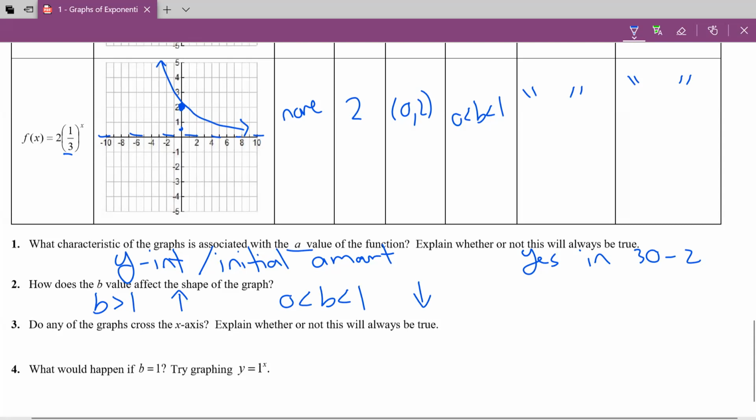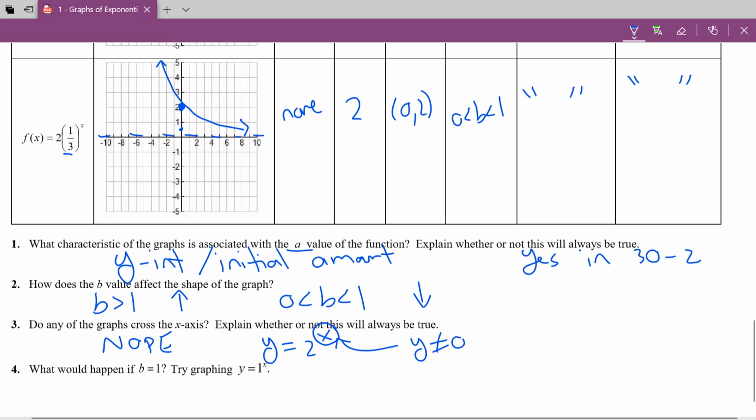Okay, do the graphs ever cross the x-axis? Nope, not in 30-2. Okay, the reason is, friends, if we look at something like 2 to the exponent x, any value you sub in for x will never make y equal to 0, or even any number smaller than 0. So that's why that's always true.